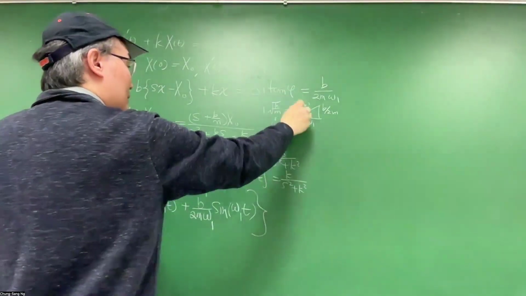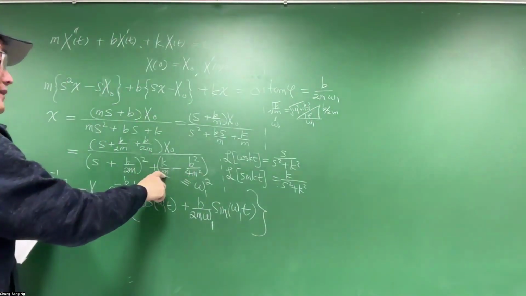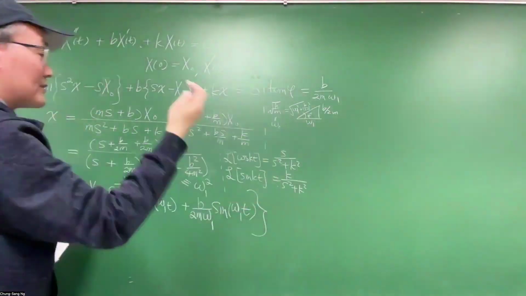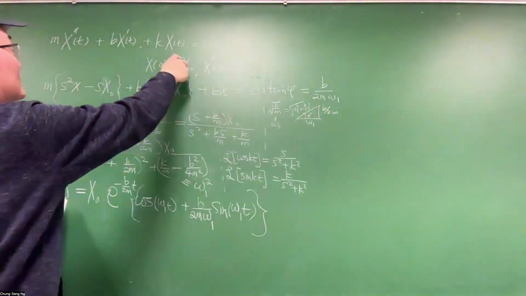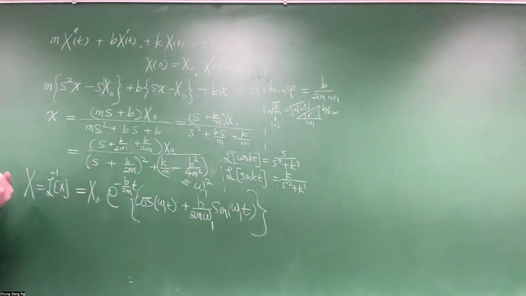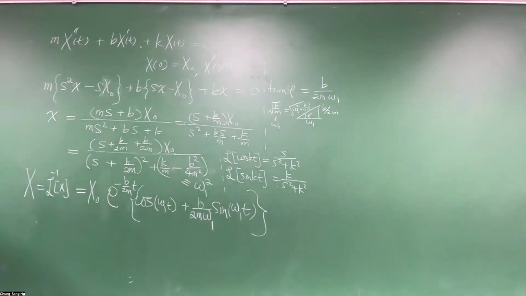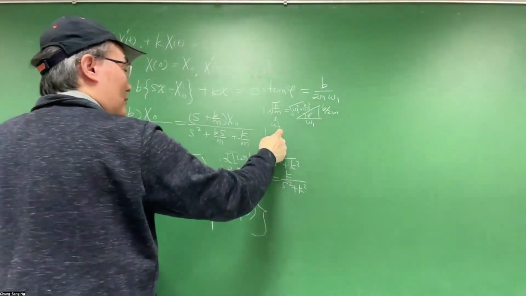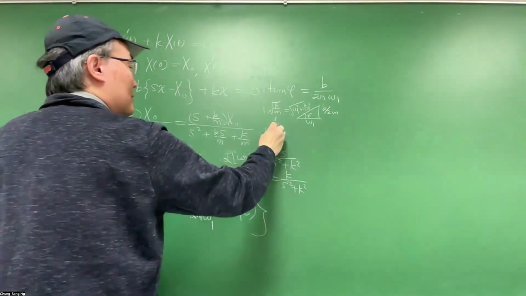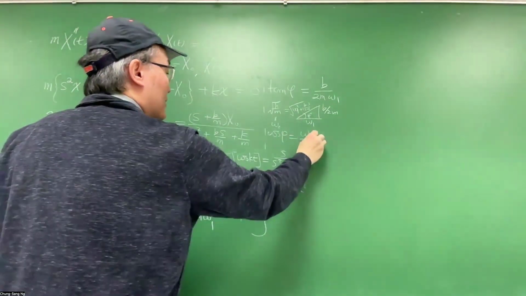I think this you can define as omega sub 0, the square root of that. So this one is the square root of k over m. This is omega sub 0. Omega sub 0 is the original frequency without the damping. The oscillation frequency of the oscillator is just the usual square root of k over m. The cosine phi is omega sub 1 over omega sub 0.